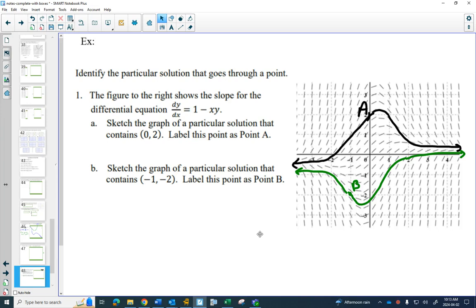If you started on the left side, and your goal was to get to the right side as fast as possible, like a little amazing race for slope fields, or no such thing exists. Which one looks faster? Which path looks shorter, path A or path B? Or are they about the same?